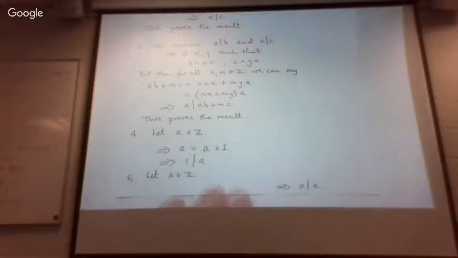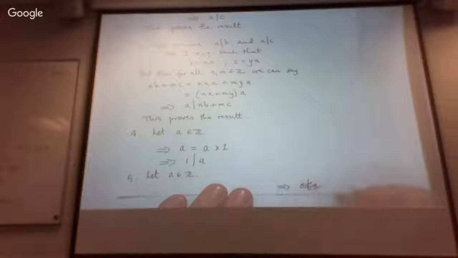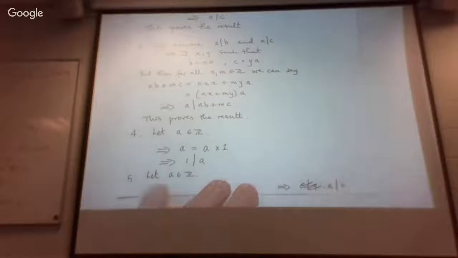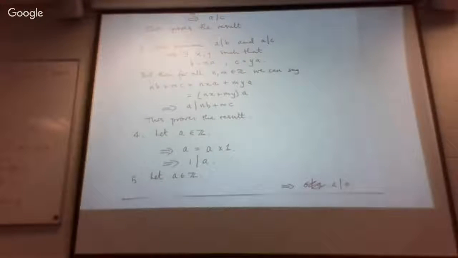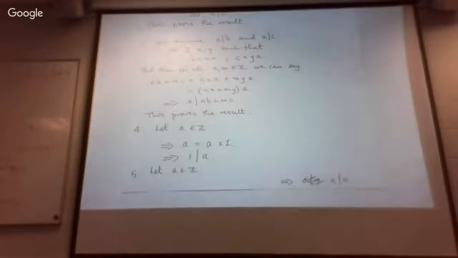See, I've already mixed it up. Here I'm saying 0 divides. The statement is everything divides 0. So I should be talking about A dividing 0. Even I can mess it up. I mess things up all the time.